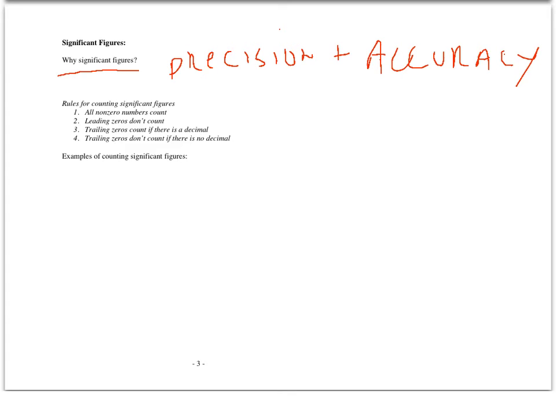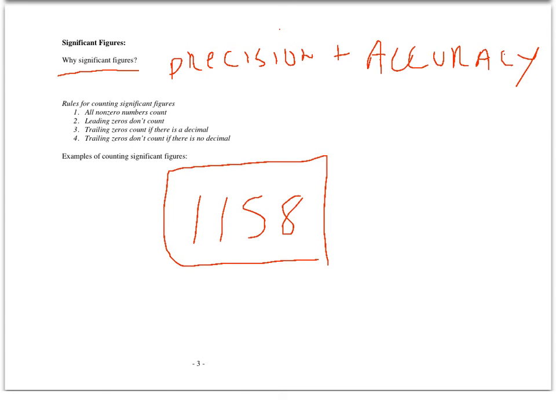If I have the number 1158, this is rule number 1, all of these are non-zero digits. And so each of these digits will be significant, so there are 4 significant figures. So if I have 4 significant figures, then I will need to have those in my answer, or if I'm looking for 4 significant figures, they need to be in my answer.